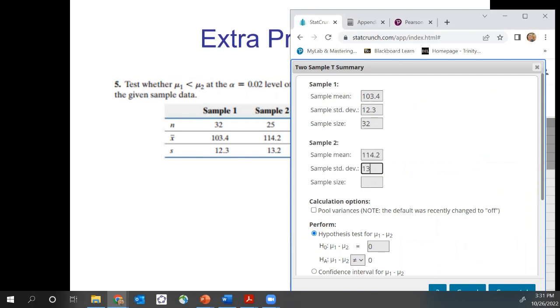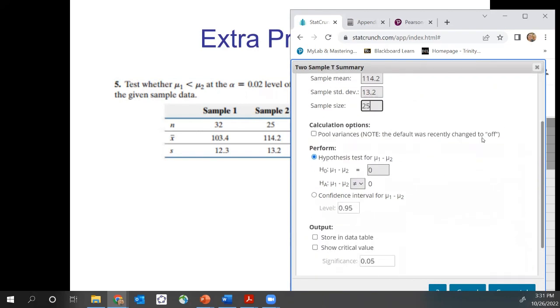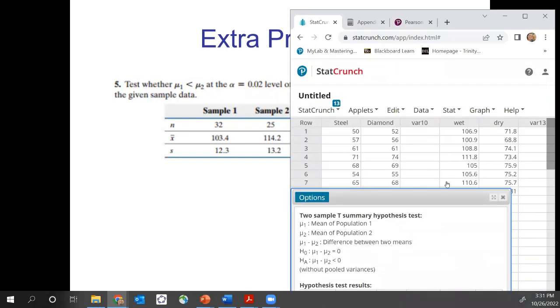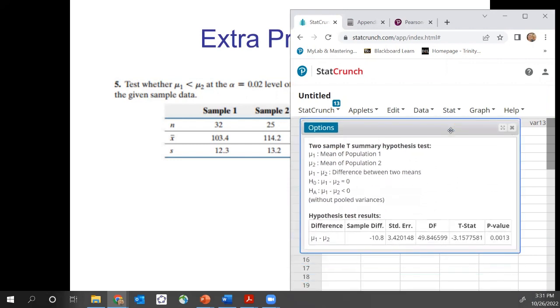114.2, 13.2, and 25. Okay, we want to test less than, and we're going to click Compute. Not letting me pull it up there.